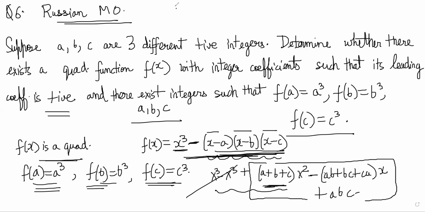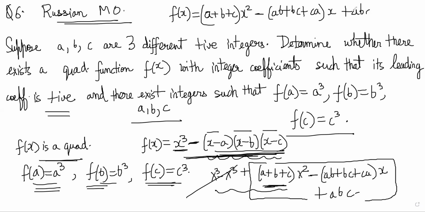So the answer becomes f of x equal to (a plus b plus c) x square minus (ab plus bc plus ca) x plus abc. But the way you get it is f of x equal to x cube minus (x minus a)(x minus b)(x minus c).